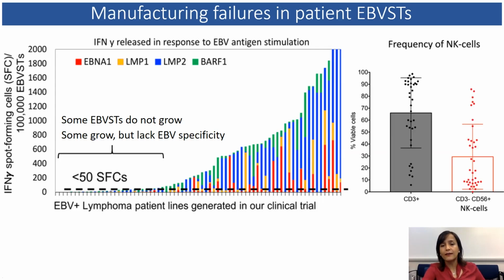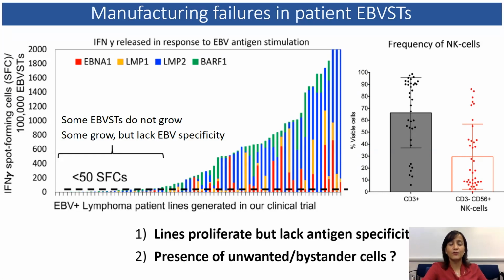As you can see here, a lot of our lines, even though they did have CD3 positive T cells, have a very high frequency of CD56 positive, CD3 negative NK cells. So this tells us that in addition to expanding CD3 positive T cells, we are also expanding other cells like NK cells in our culture, which could be one of the reasons why our cells lack EBV antigen specificity.